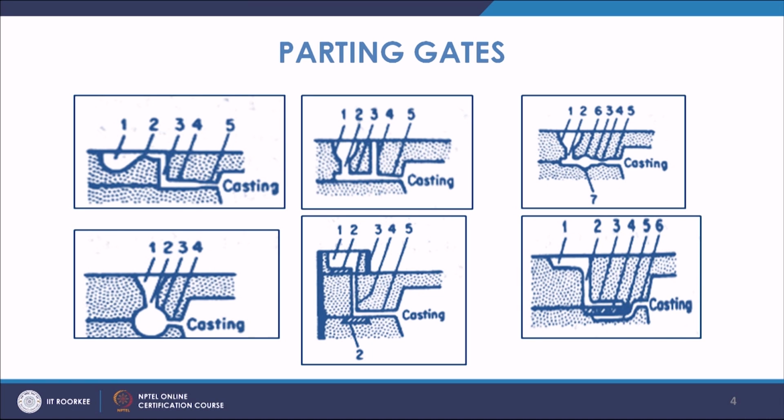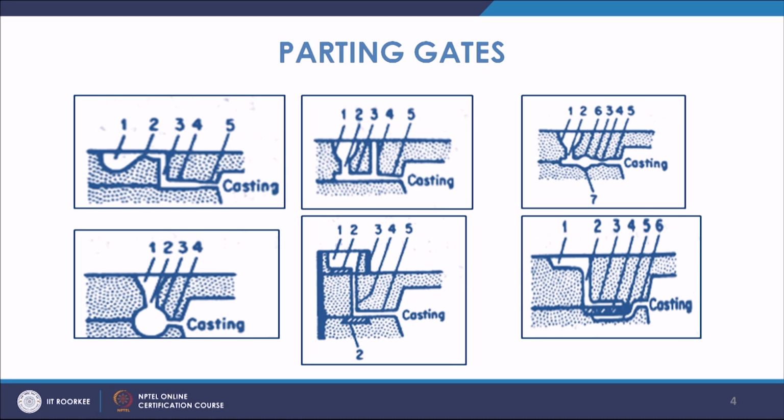So, point 2 is the presence of a dam, which restricts any kind of dirt or foreign particle from entering the metal stream which will go and enter the cavity.